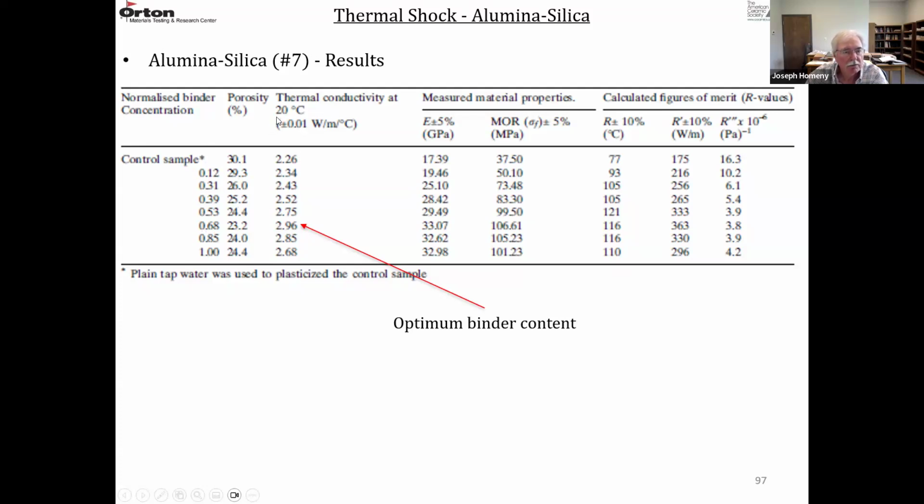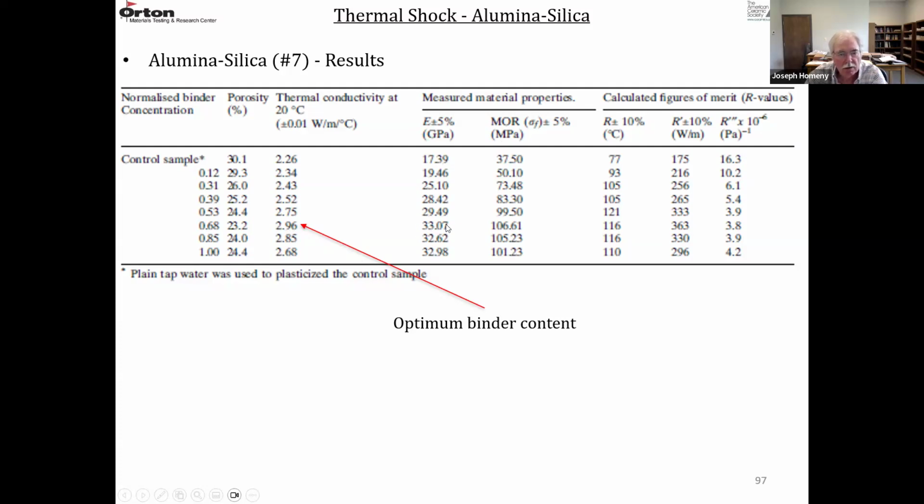The thermal conductivity at room temperature, in watts per meter degree C, increases up to about this 0.7 optimum binder content. And then you can see the porosity is starting to go up a little bit, the conductivity is going down, and the modulus in GPa and MOR in MPa are following the same trend. So the modulus goes up to about the optimum binder content and then starts to decrease.